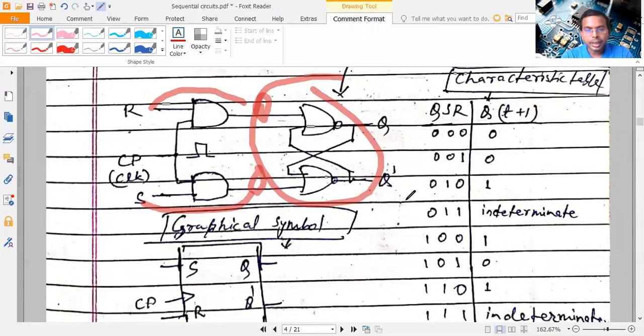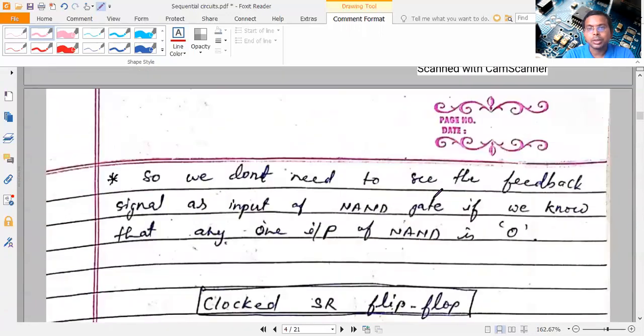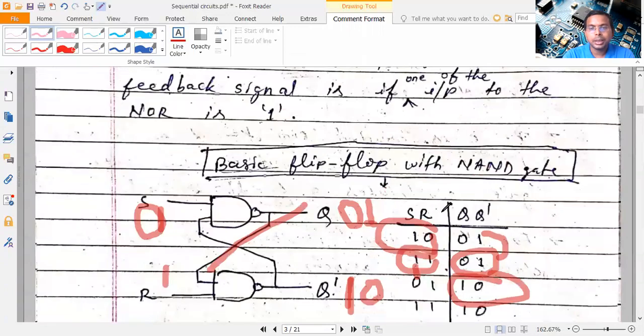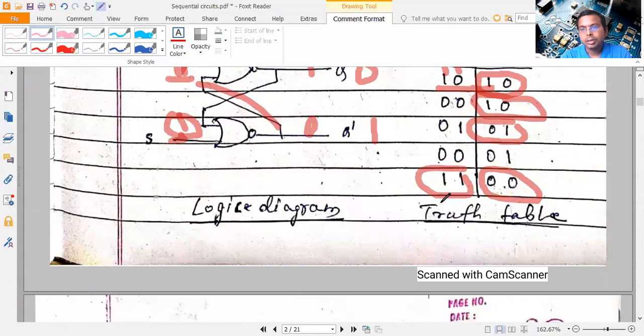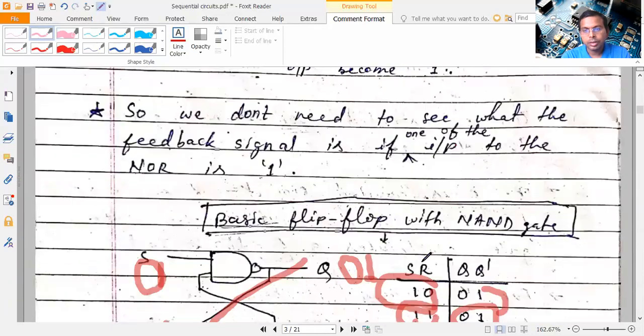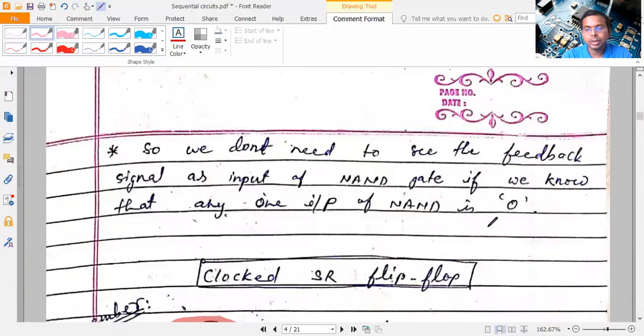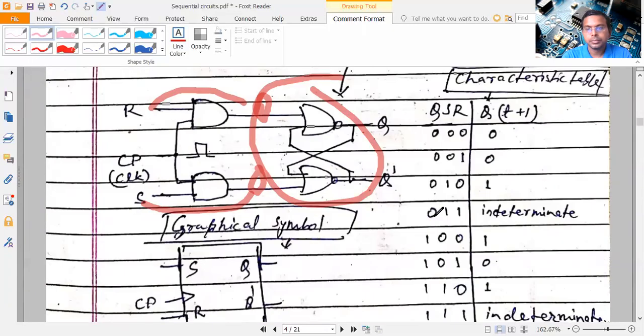So again we can write the whole operation: Q, S, R and Q(t+1). What is the next state based on the previous state? This is very much important to know here. When S, R both are 0, 0, this I am deriving from the previous truth table. So if you remember the previous truth table, copy these things there, you can generate this truth table here.